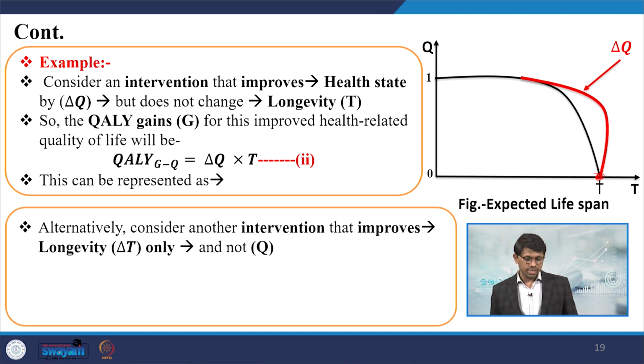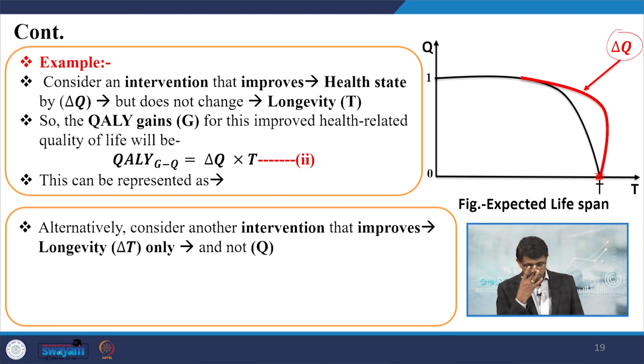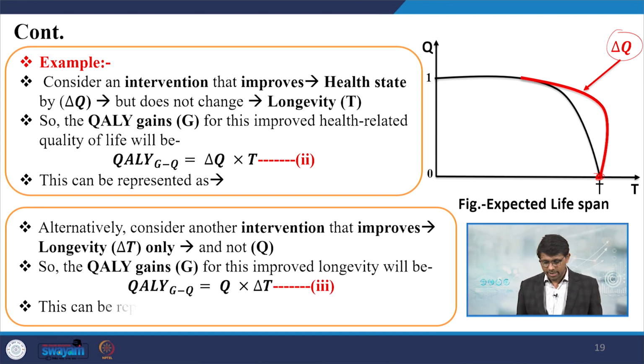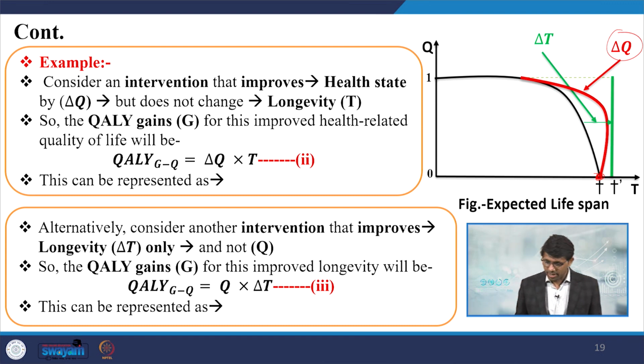This is mentioned as delta Q. Alternatively, we have a possibility of improvement in longevity through a change in the lifetime, in which case it will be delta T. Hence, there will be a paradigm shift in terms of the lifespan, and we might find better possibilities, corroborated by the change in T.